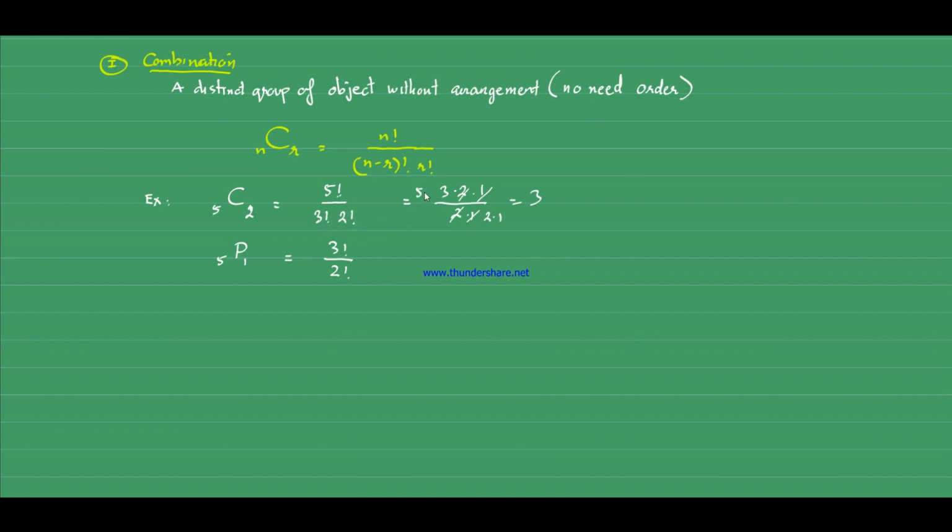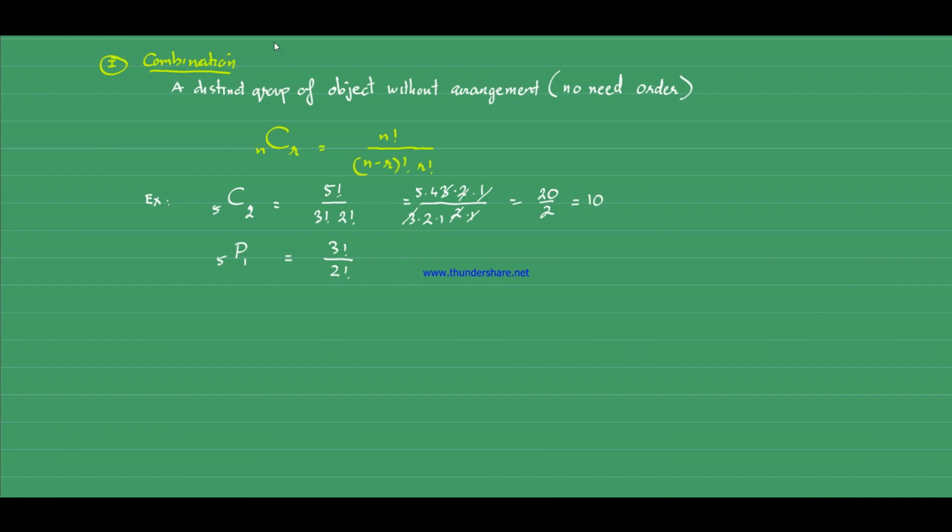So you have 5 times 4 over 2 times 1, and after canceling the 3 times 2 times 1, you end up with 20 divided by 2, which gives you only 10 possibilities.